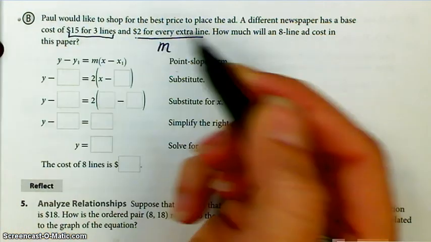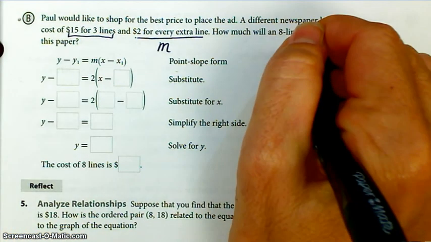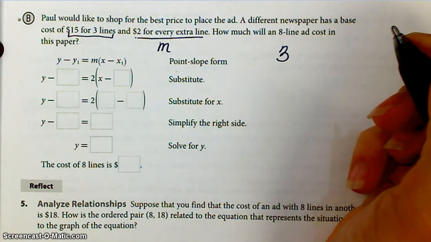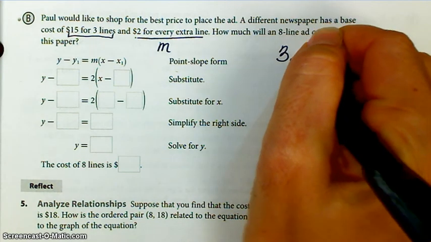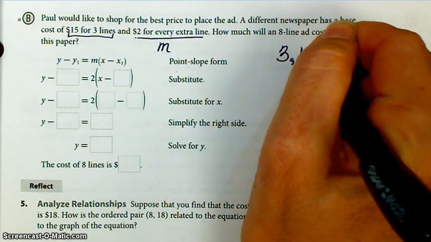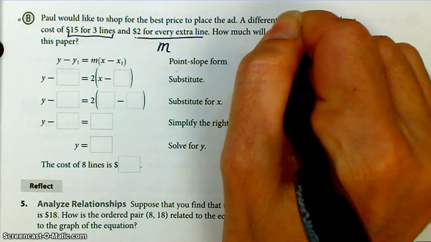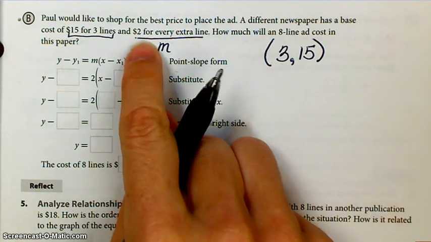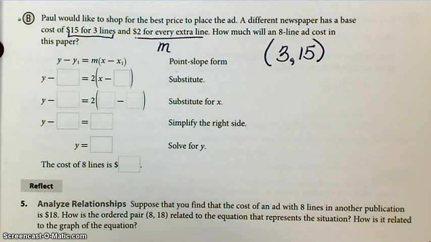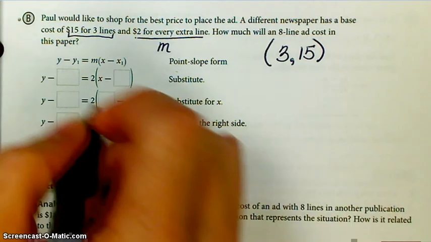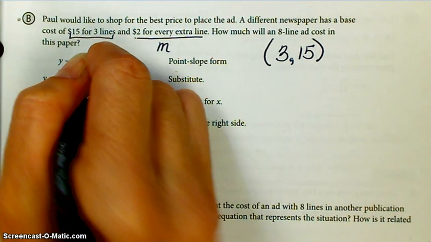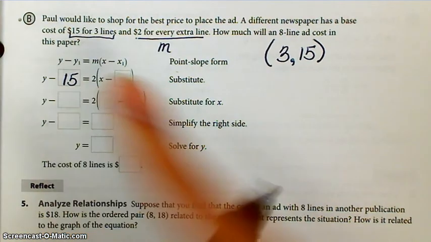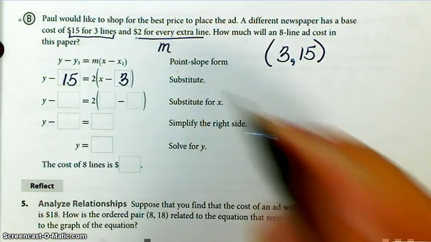This tells you a point on the line. 3 lines, that's the independent, so that's the x, costs $15. That's the dependent, so that's a y. Okay, so you have a point, 3 comma 15, and you have a slope, 2. So all you have to do is put everything in there. y minus 15 equals, they've already put the 2 in there, times x minus 3.